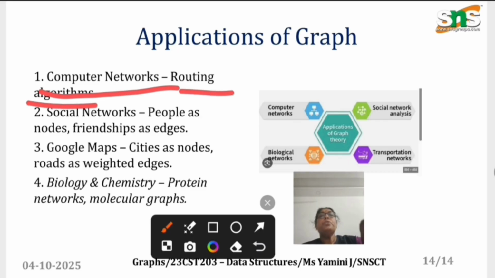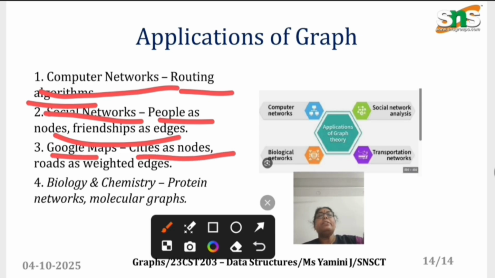In social networks, people are vertices and friendships are edges. Next one, in Google Maps, cities as nodes form a weighted graph. In biology and chemistry, graphs model molecular structures and protein interactions.